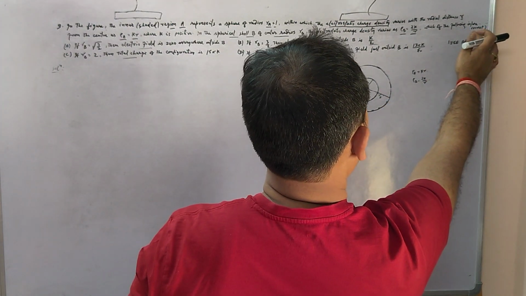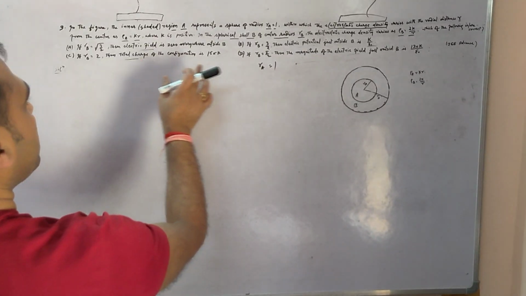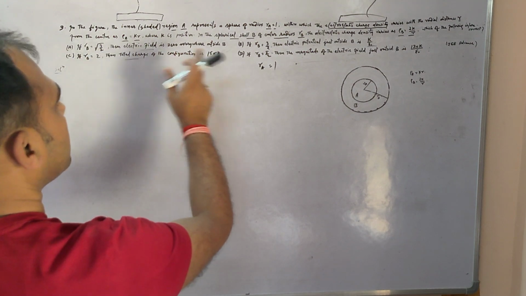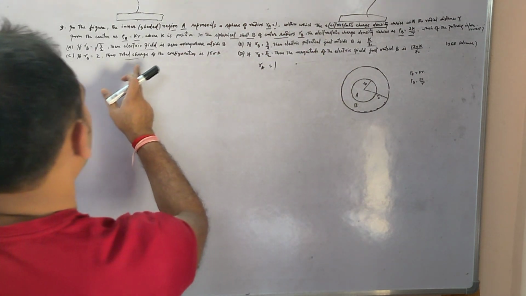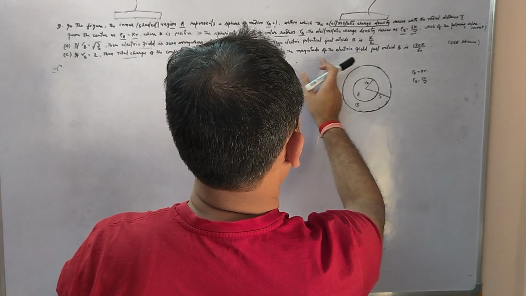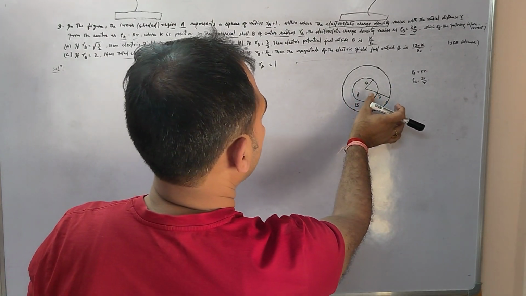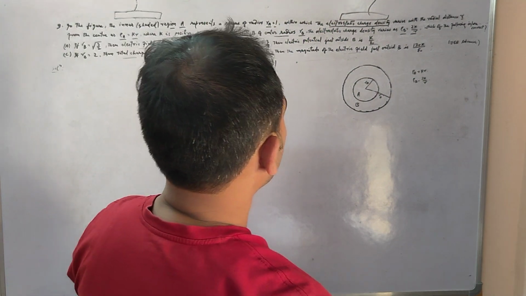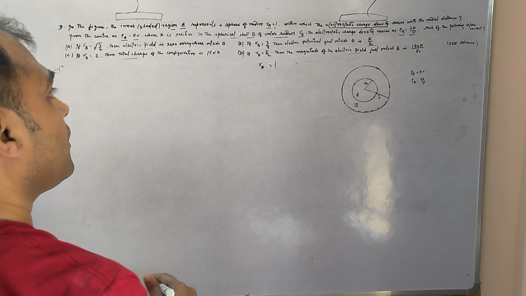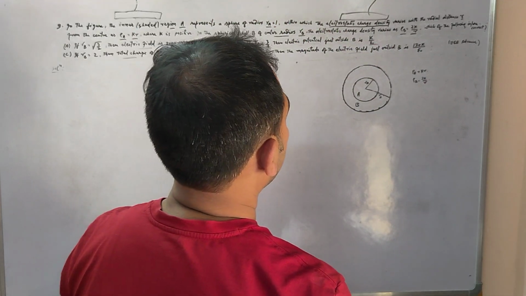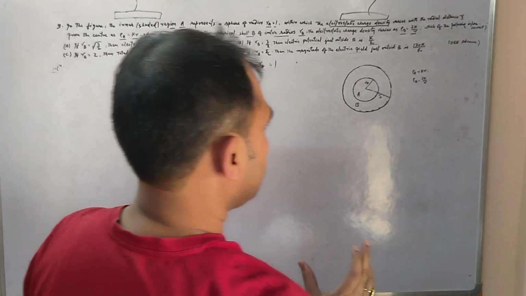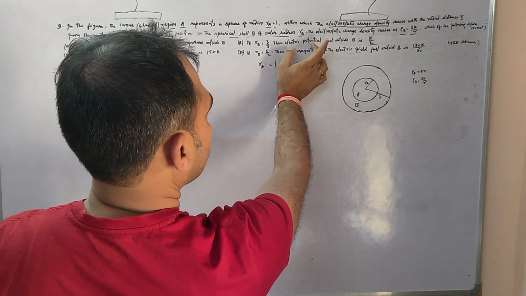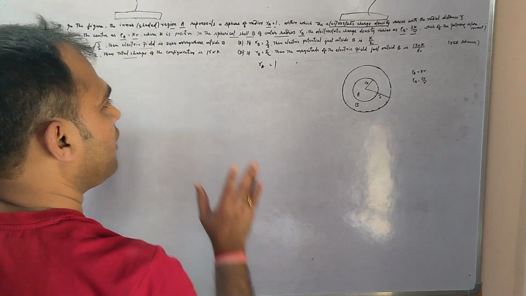Okay, so which of the following is correct? Four statements are given here: electric field, potential, total charge, and the magnitude of electric field just outside B. So first of all, to find out any of these values, electric potential or electric field, we need the electrostatic charge.